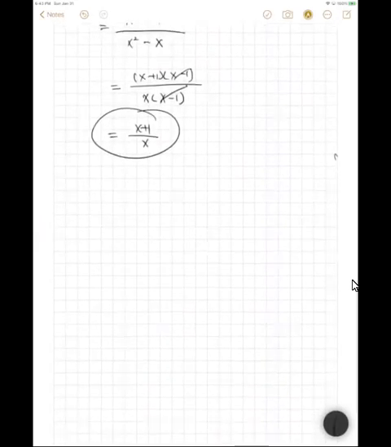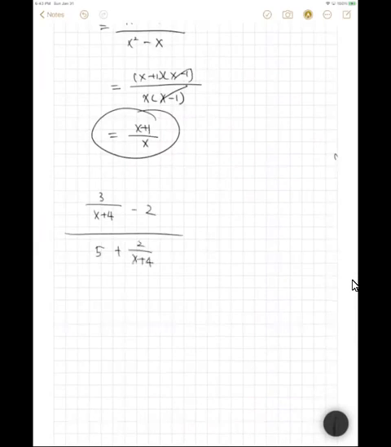So even though the least common denominator is a binomial, we will do the same process. For example, we have 3 over x plus 4 minus 2 over 5 plus 2 over x plus 4. So what's the least common denominator in these 4 terms? It's x plus 4, right?